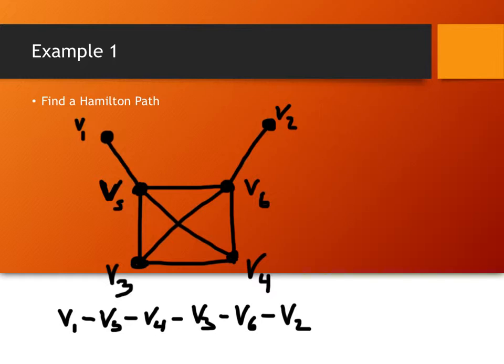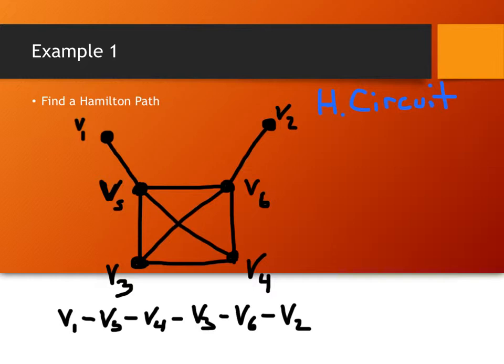Now I want you to notice something about this, and the something I want you to notice is that if I was going to find a Hamilton circuit, I couldn't do it. In order to find a Hamilton circuit, you'd have to find a way to trace back up to V1.